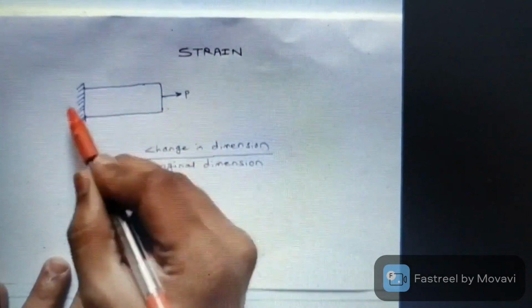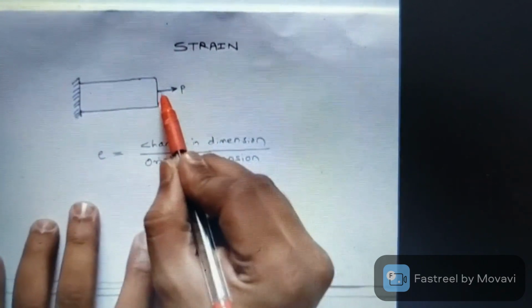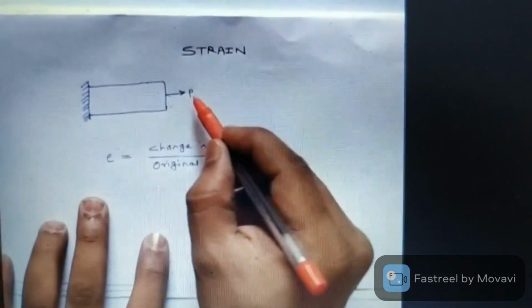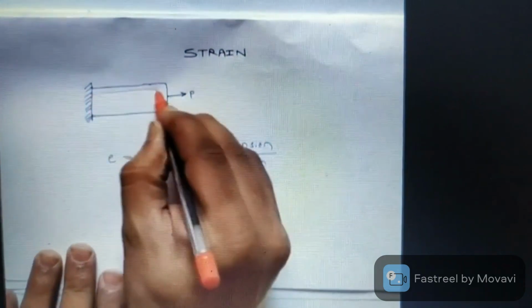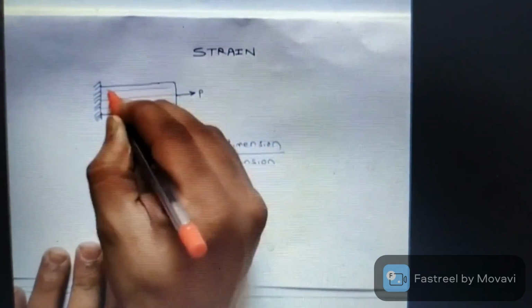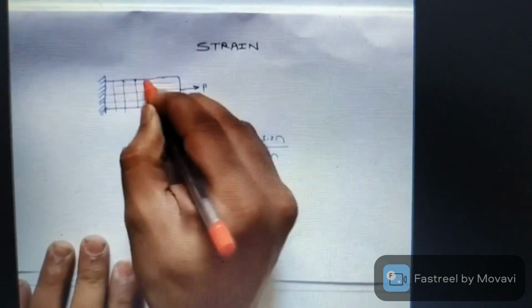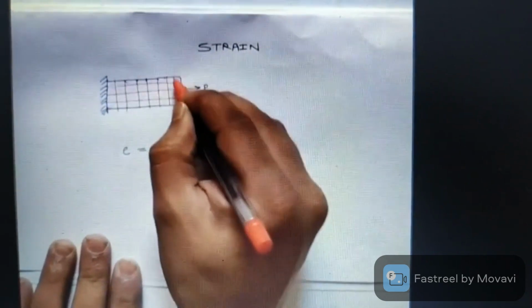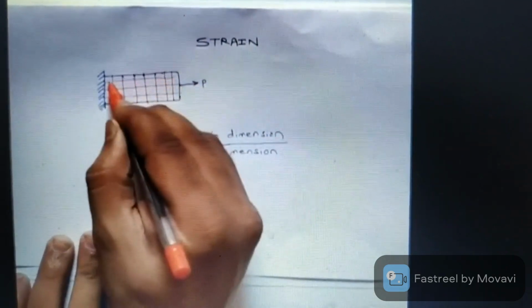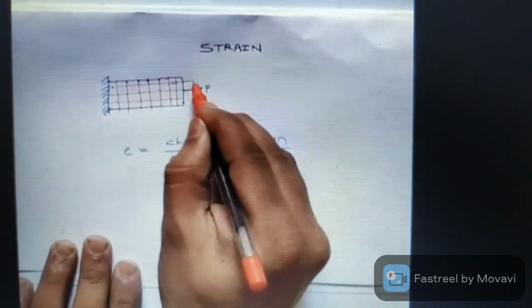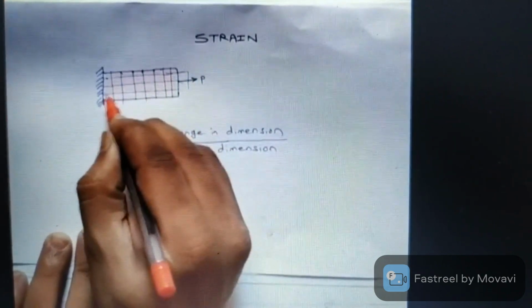So let's consider here a body which is subjected to the normal force P. If I consider this part as split into different elements, so this body is made up of elements. When the force P is applied, this body gets elongated in this direction.